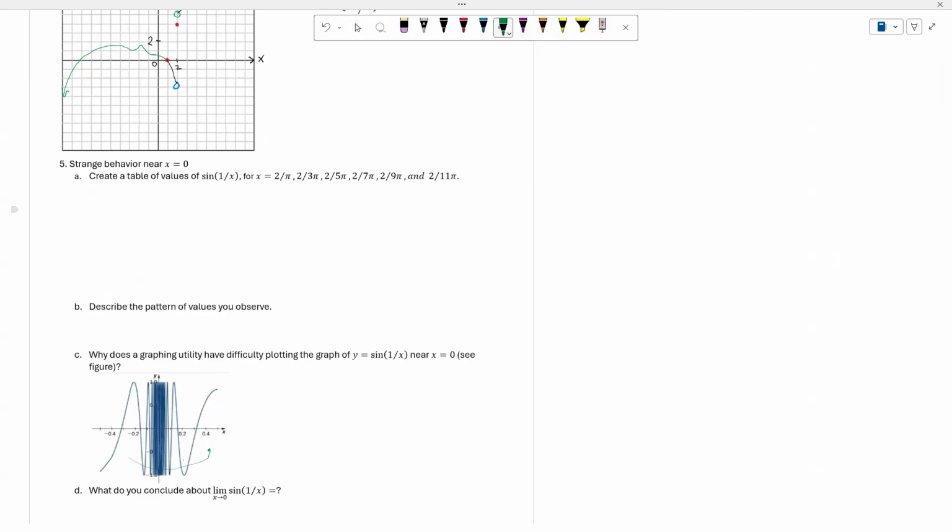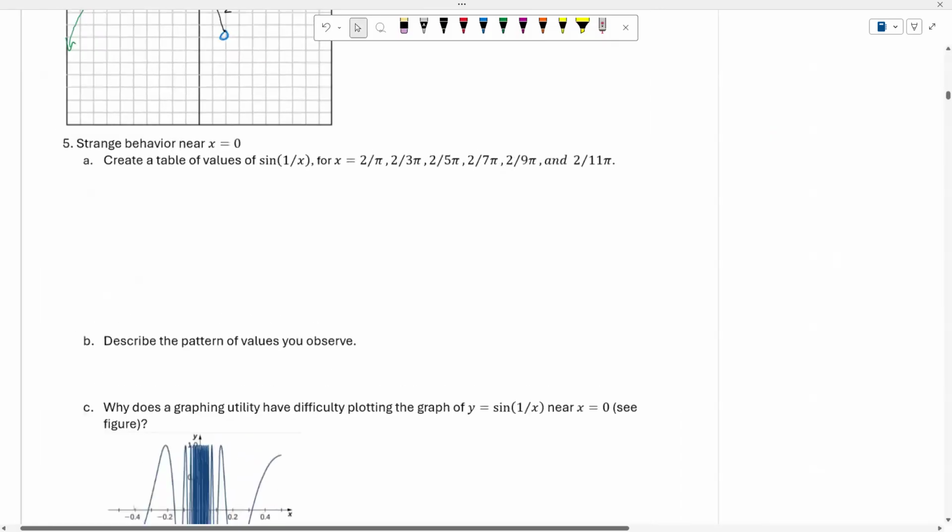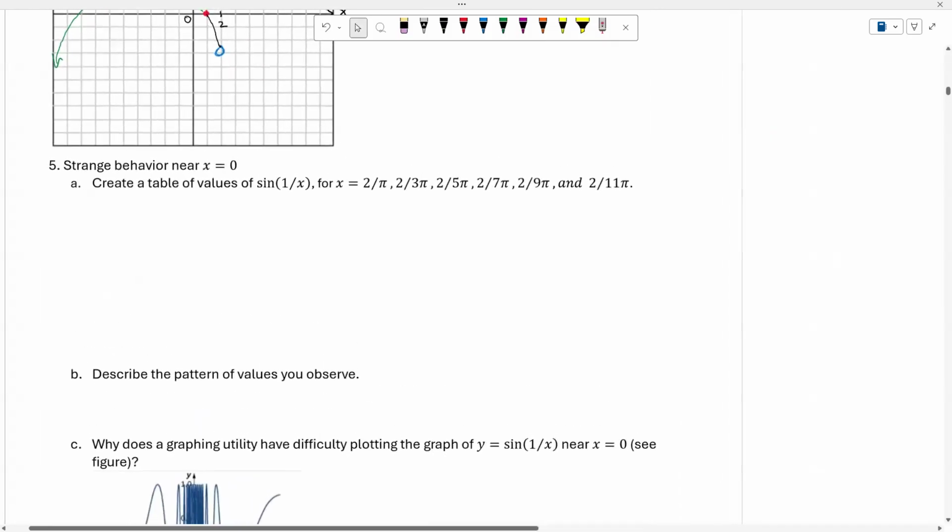Let us start with a table, as that's what they ask you to do. So I would like to create a table to evaluate the values of this.